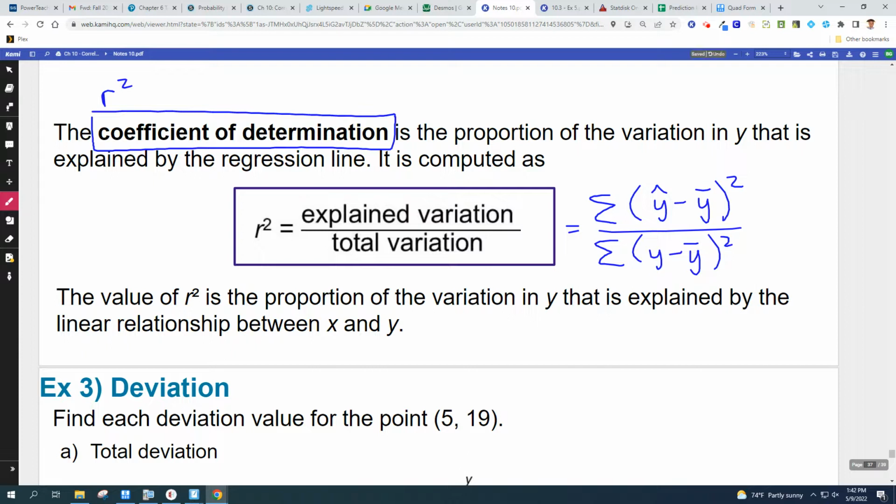The value of r squared is the proportion of the variation in y that is explained by the linear relationship between x and y. I think that's really hard to understand. We're going to talk about that again here in a second, though.